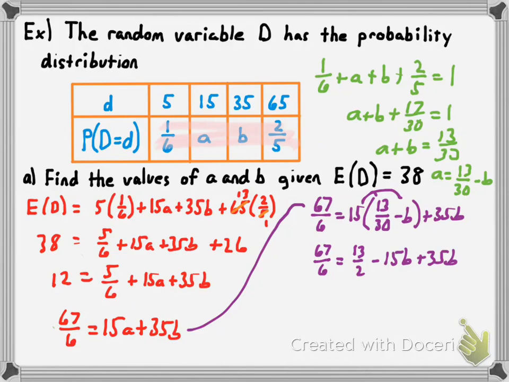All right, now that's going to be 39/6, right? Subtracted from 67/6. 67 minus 39 is 28. So we get 28/6 is equal to 20B.